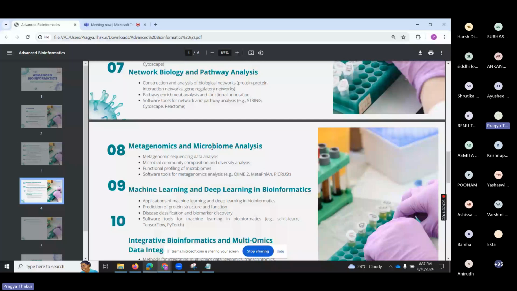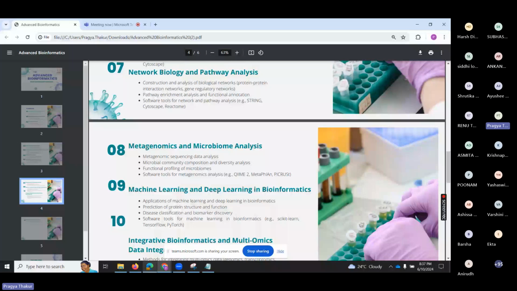In Hindi we say it's sukshma, very minute things, which we cannot even imagine, and these software tools analyze those. Under that, we will understand the diversity between various microbiomes.